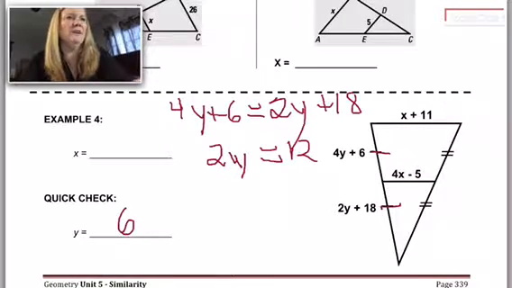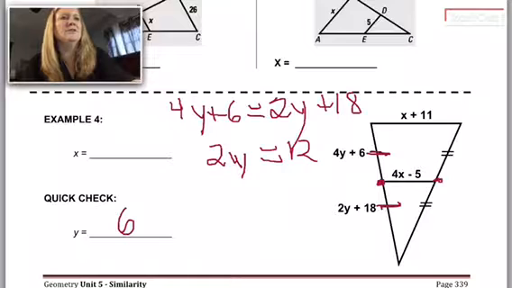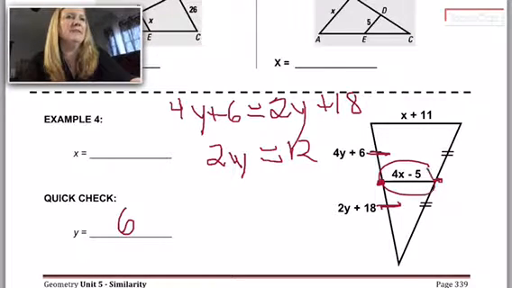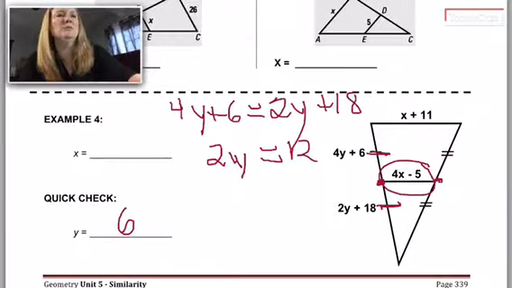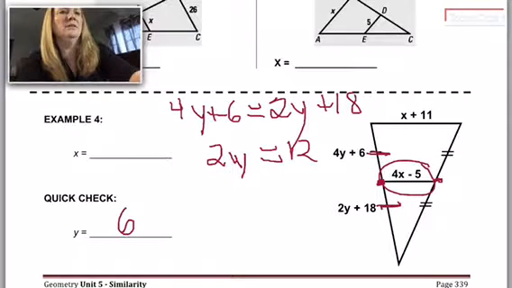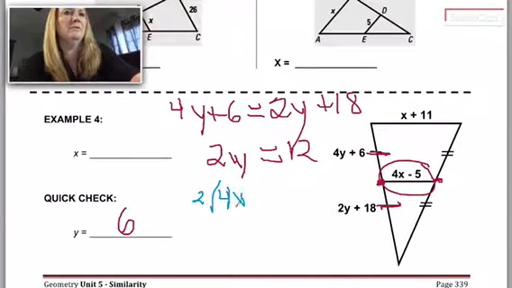And now to find x, because we know that this is congruent to this, we know that's a midpoint. And over here again they show congruency marks, so that's showing that these are midpoints. So if those are midpoints, this is a midsegment. So that means if I multiply 2 times my midsegment, I get the third side.